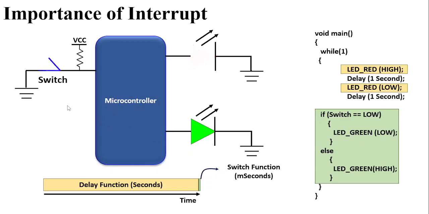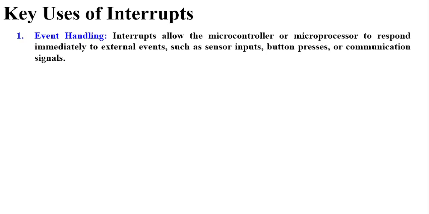So to detect the switch event, we should implement an interrupt so that the microprocessor or microcontroller can detect the events on any particular pin using interrupts. So what are the benefits of interrupts and where should we use them? First of all, interrupts are used to handle events, or we can say event handling.